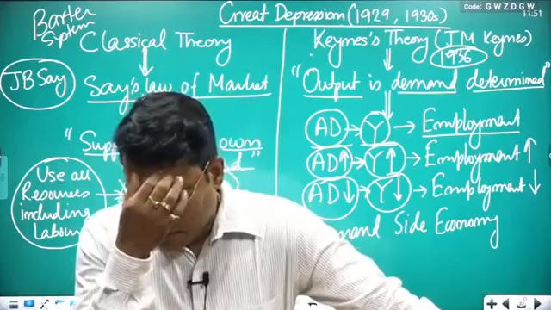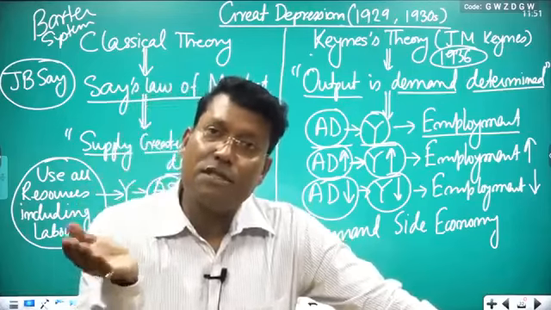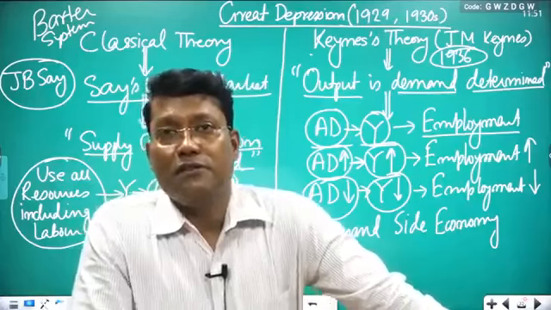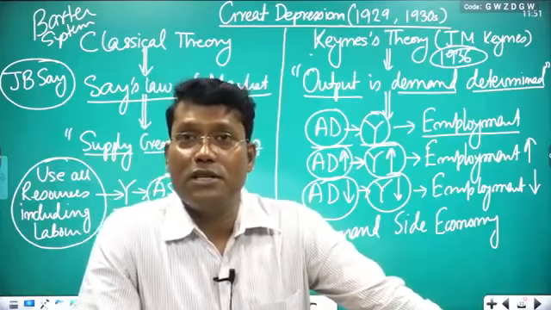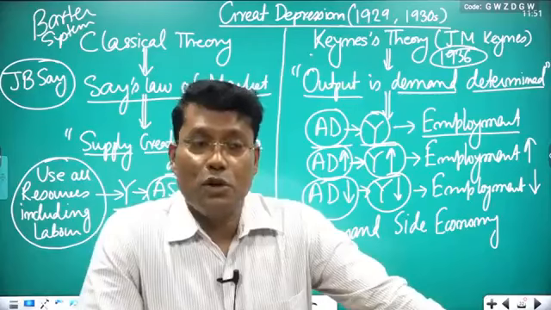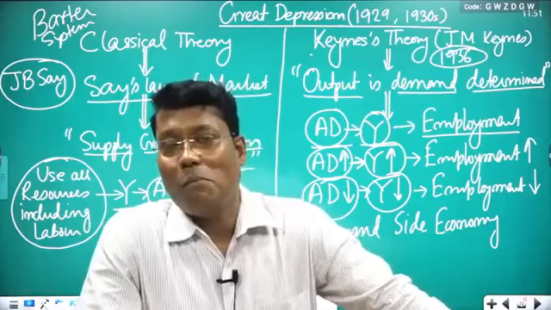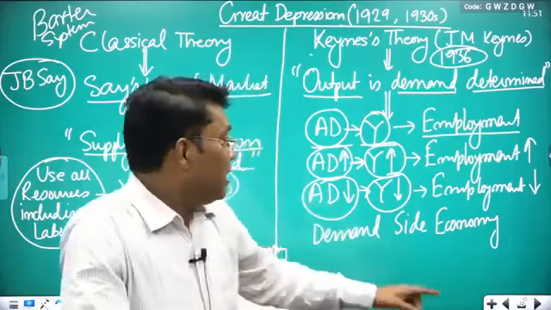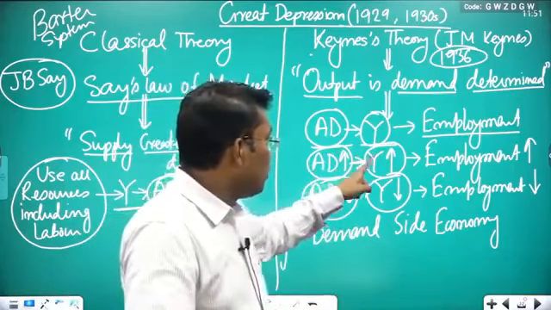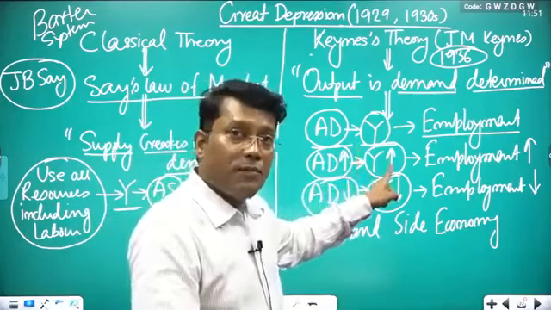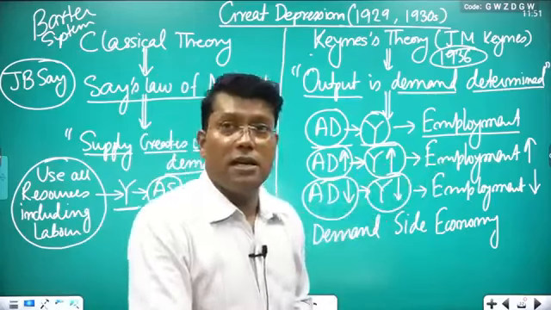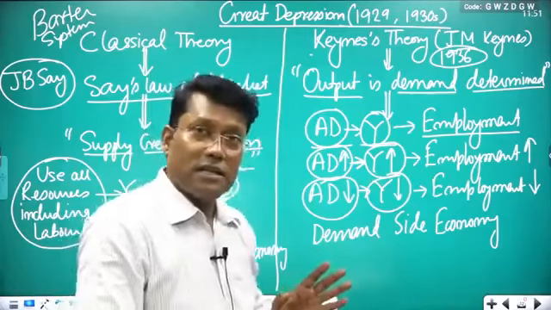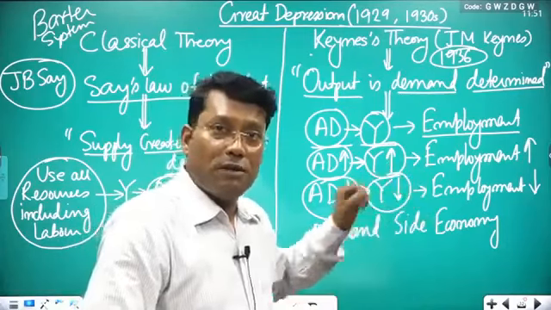But if you go 5 or 6 months before, the monetary authorities' objective and the government's objective, that is fiscal policy, was only one: to increase aggregate demand. Only if you are able to increase aggregate demand can you increase the level of production, and then increase the employment. Clear to all? Fine. Today we are working on this principle.